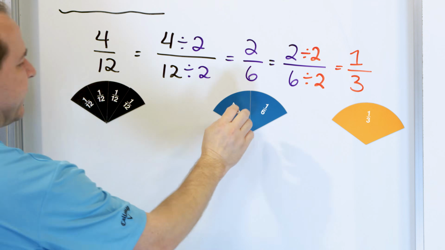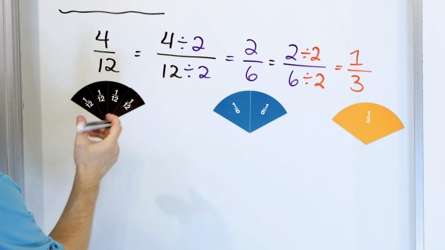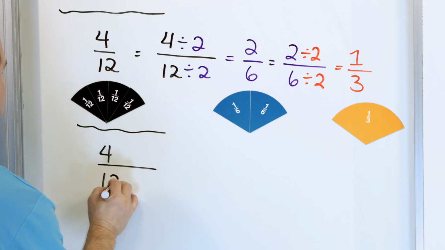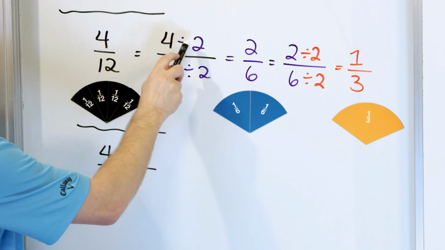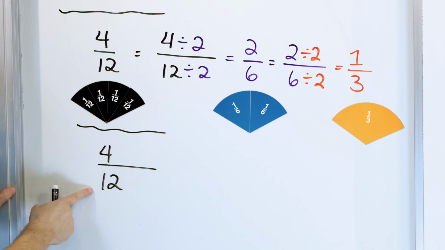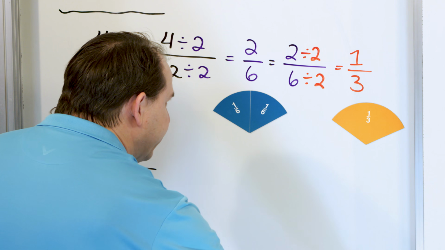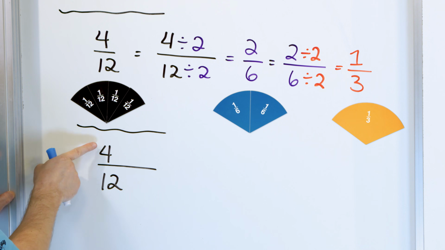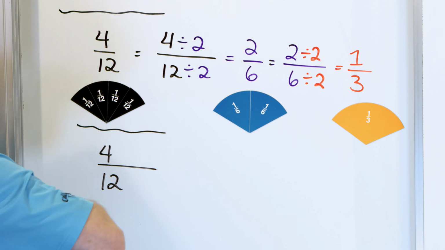Let's do the problem again, 4/12. What we did is we divided by 2, got an answer. Then we divided by 2 again and got an answer. But if you notice carefully, there's something else that divides into top and bottom here. What if I divide by 4?